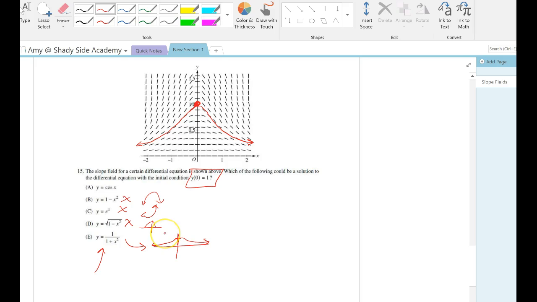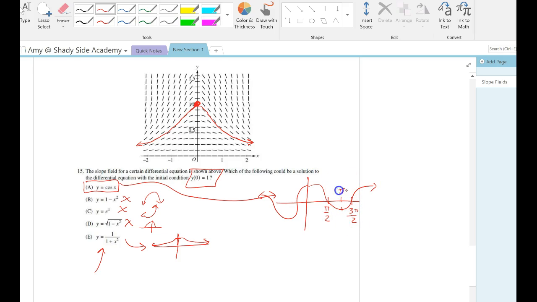Now cosine's also kind of similar. Cosine looks like that, right? It's a bad picture, but it's generally okay. That's going to be pi over 2, that's going to be pi, and that's going to be 3 pi over 2.